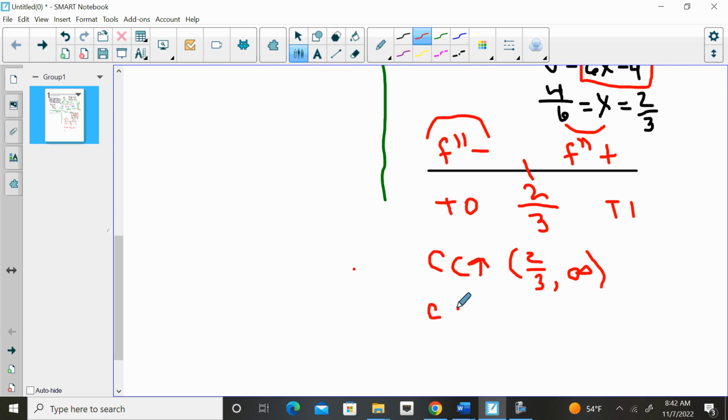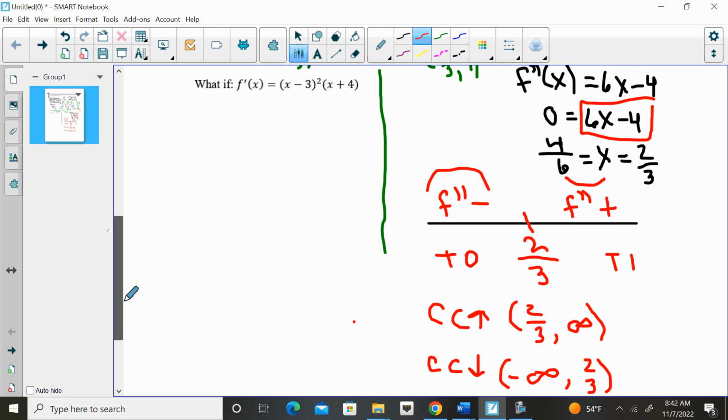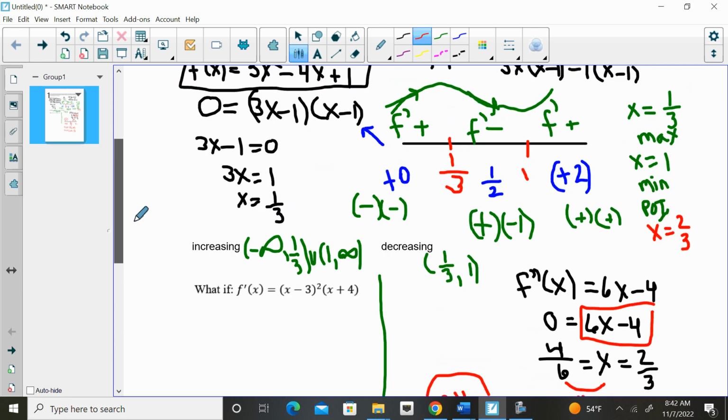Concave down from negative infinity to 2/3. And that completes that problem, which we've done plenty. That's a pretty involved problem.